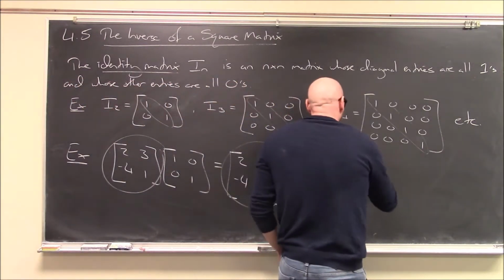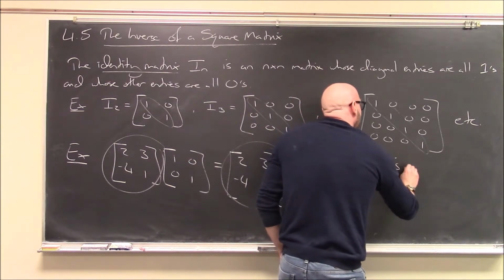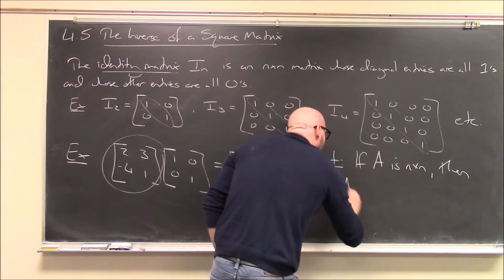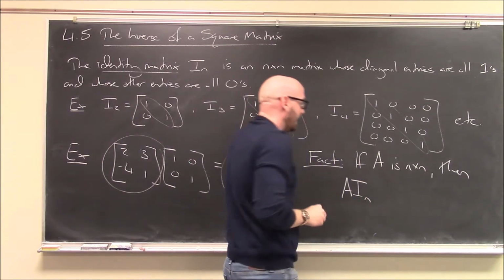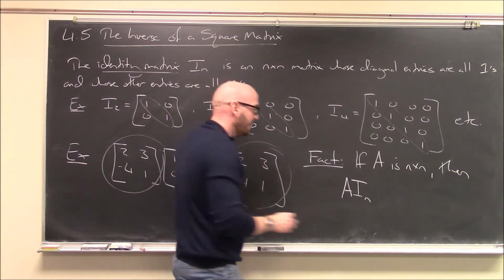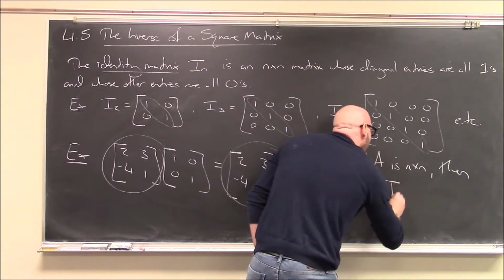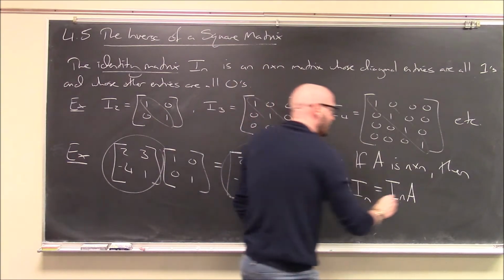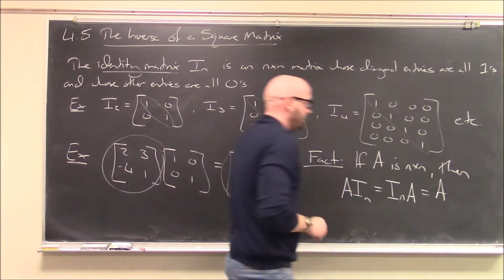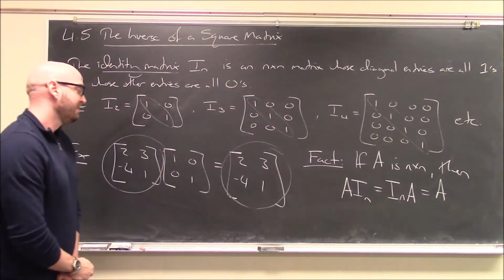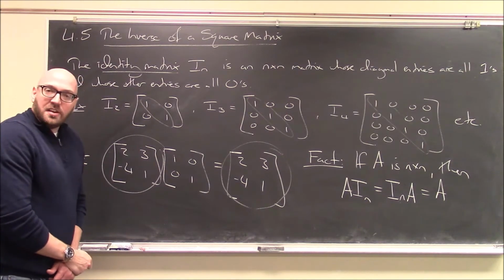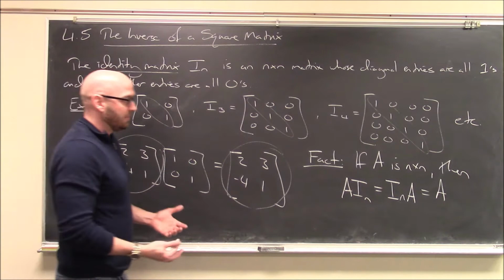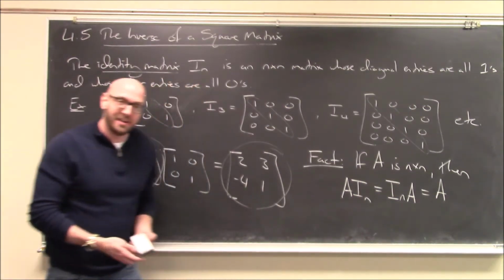So, basic fact: if A is n by n, then multiplying A by the n by n identity matrix, I sub n, on either side, A times I sub n, or I sub n times A, is just A. This is why the identity matrix is important, because again, in real numbers, 1 is a very important number, and it's important because when you multiply by it, it doesn't do anything.